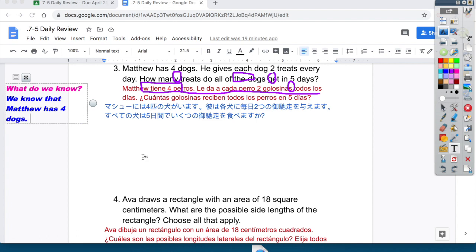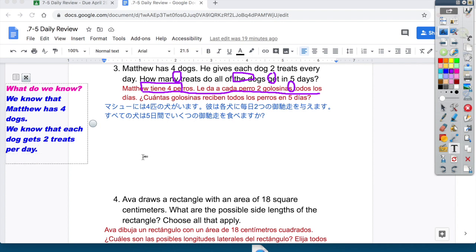That's his total amount of dogs that he has. We also know that each dog gets 2 treats per day. Okay, so that means that each dog every day will get 2 treats.